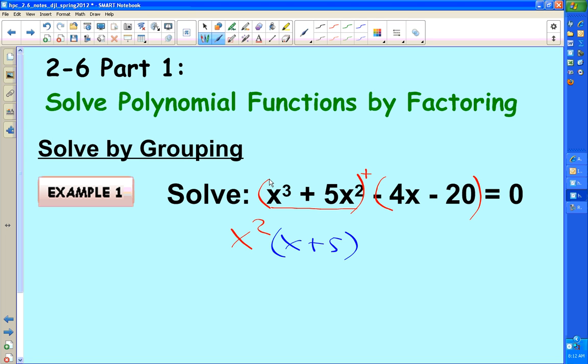So whatever it is that's common in this binomial, not only am I going to factor out what's in common, but I want to make sure I take the negative also. So what else is in common besides the negative? 4. And when you factor out negative 4, you're going to be left with a positive x. And what else? A positive 5.